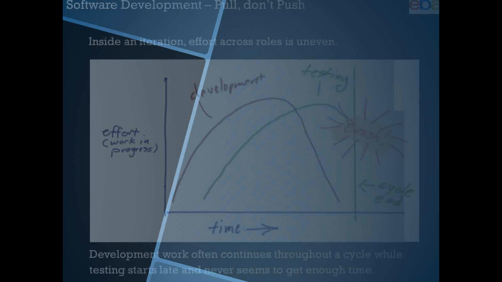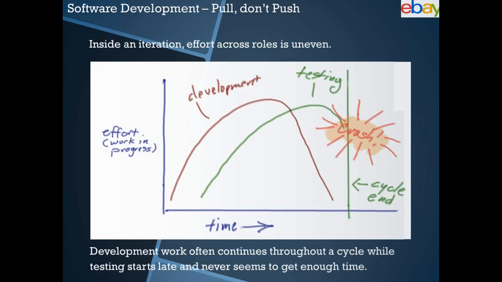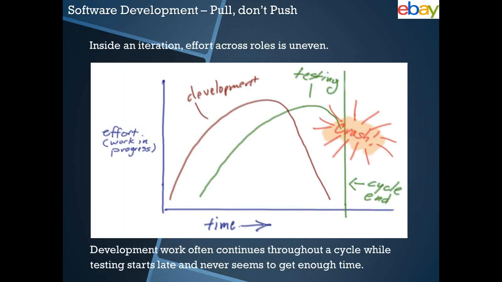Okay, the first slide talks about usually what happens in software development, right? If you see this slide, it tells us what happens inside an iteration. So usually if you keep on doing everything without setting a limit, or you work in a push system, what happens is development keeps going on and on, and even when you're near completion, you will get a new requirement or anything else to continue.